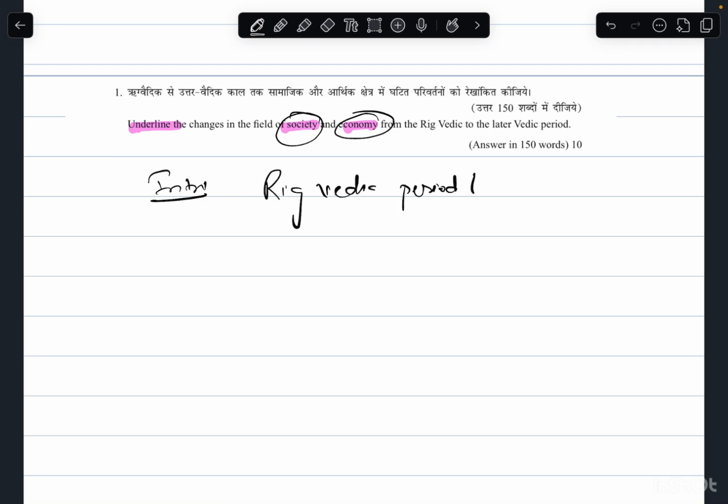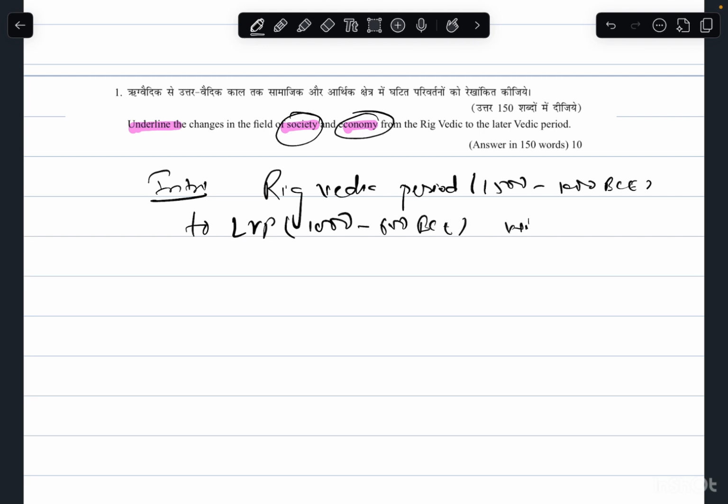Here I will prefer to write the dates as well. I know everyone knows these dates, however, to be more precise, I'm writing in short, just for reference: 1000 to 600 BCE.